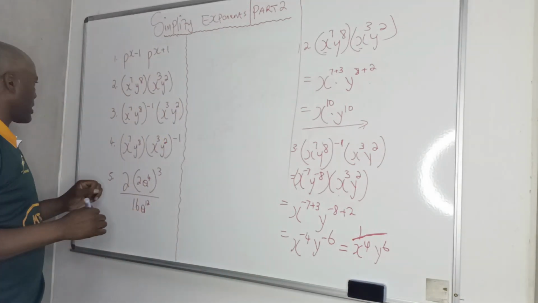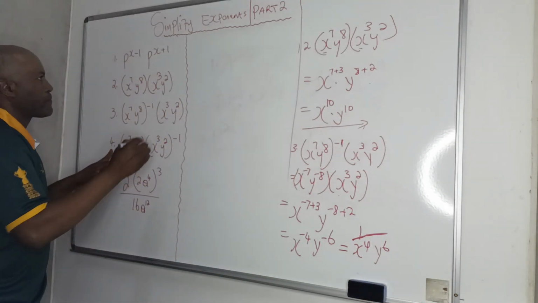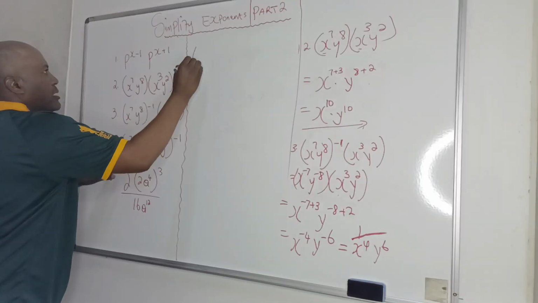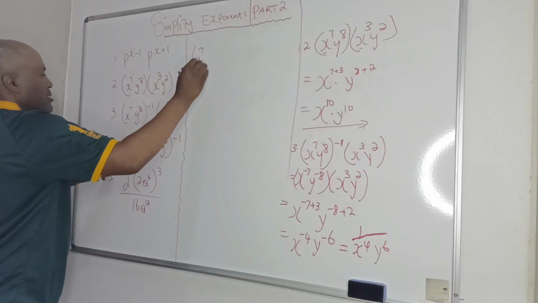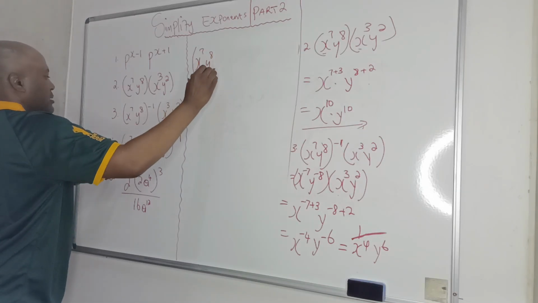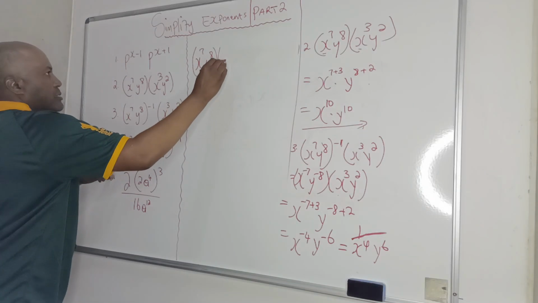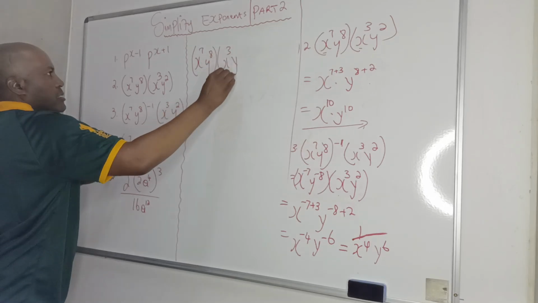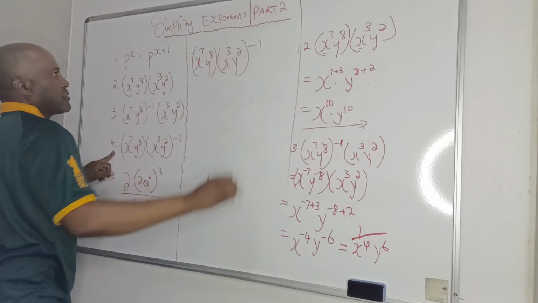Right, now I go to number 4. Number 4 says x raised to 7, y raised to 8 by x raised to 3, y squared, raised to -1.